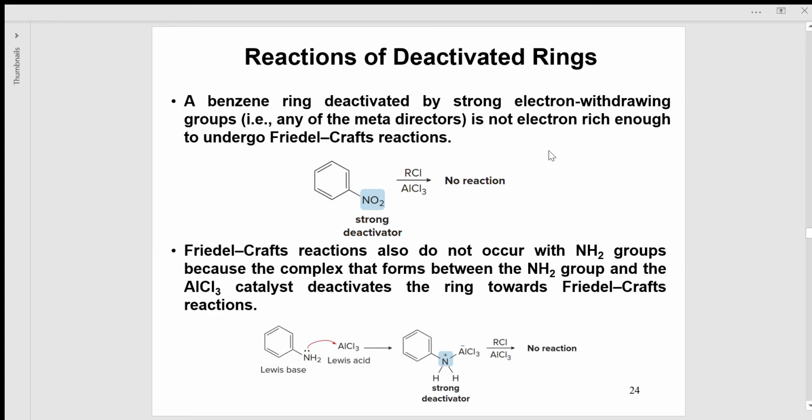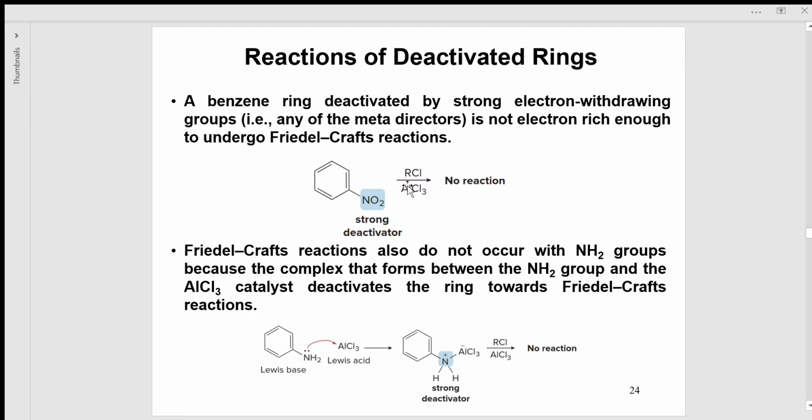And here I want to show you some limitations of the Friedel-Crafts reaction. We discussed the Friedel-Crafts reaction in the first chapter. Basically, a benzene ring without this nitro group reacts with an alkyl halide in a Friedel-Crafts alkylation reaction.